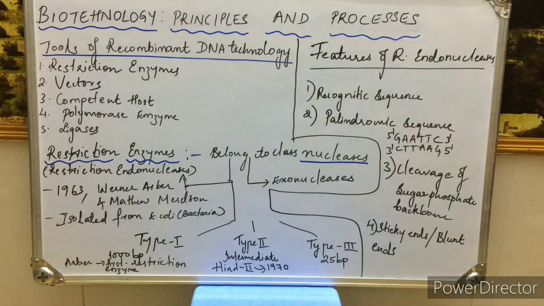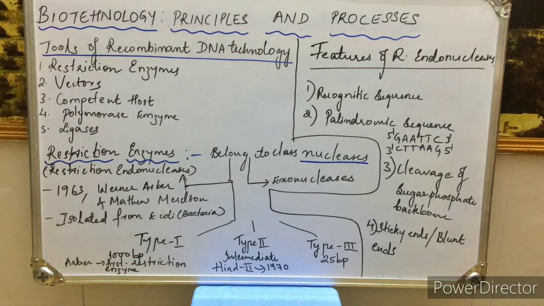After it finds the specific recognition sequence, one more thing: the recognition sequences are palindromic in nature. Usually restriction endonucleases have specific recognition sequences, and those sequences are palindromic. If you read the word from both sides, the spelling remains the same, for example, Malayalam.